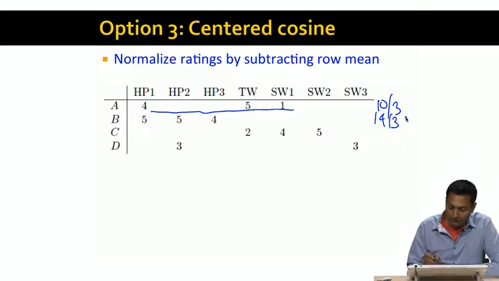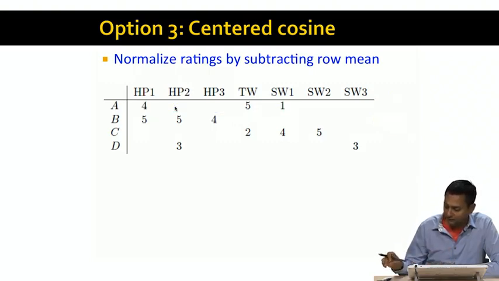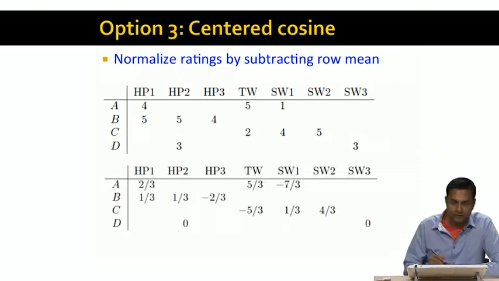We're going to go through the row for user A and subtract the row mean, 10 over 3, from each of the ratings, except the blank ratings, which we're going to treat as zeros. When I do that, here's the modified rating matrix we end up with.